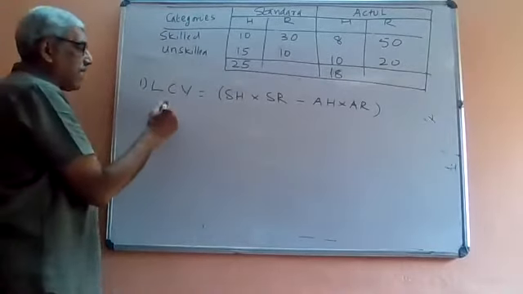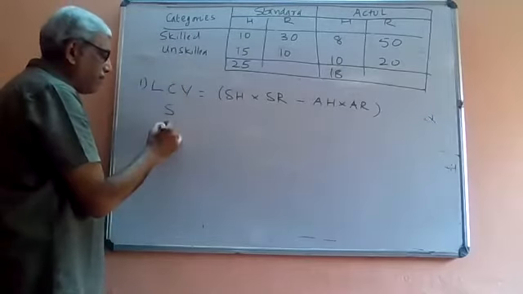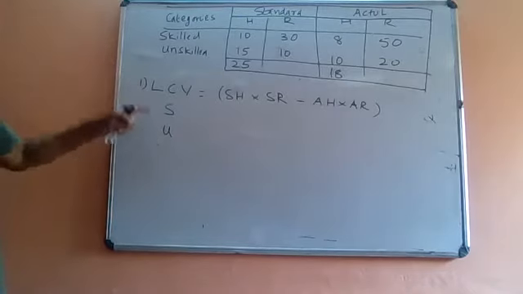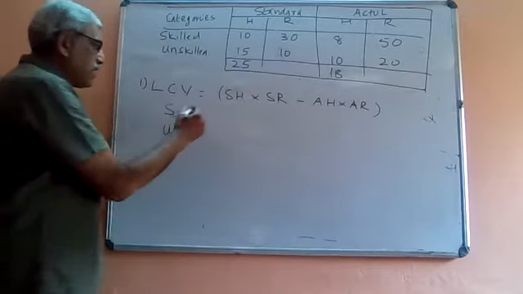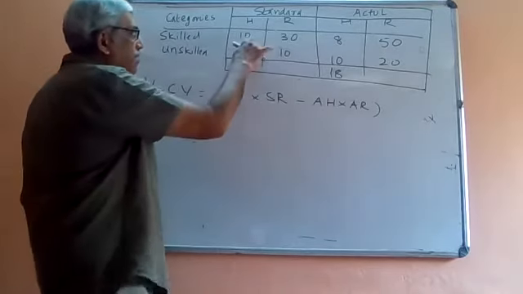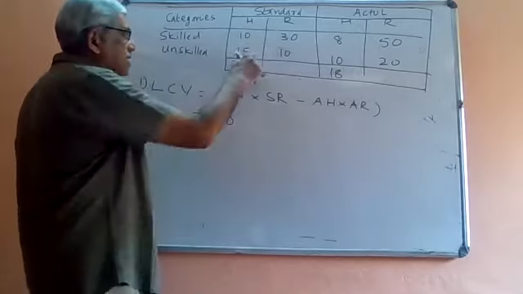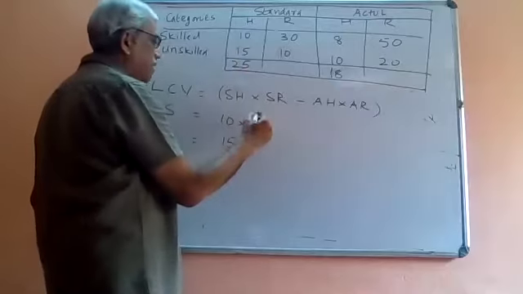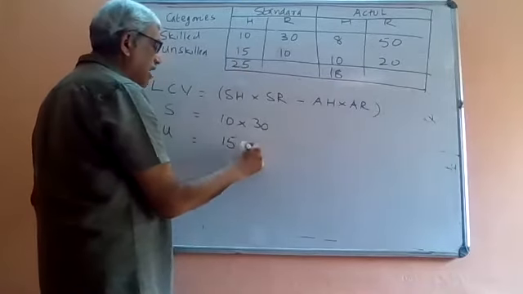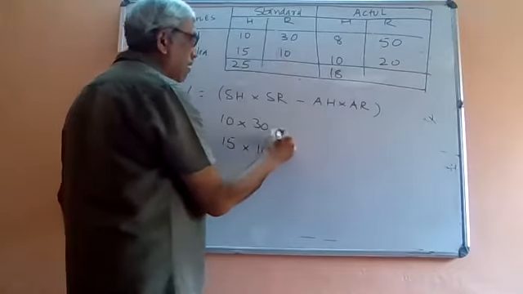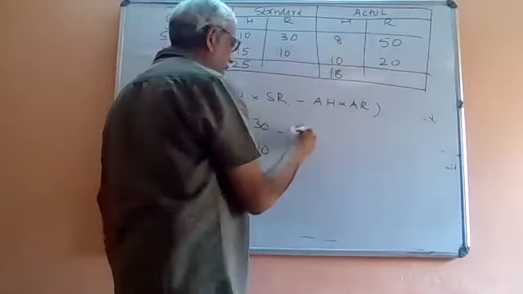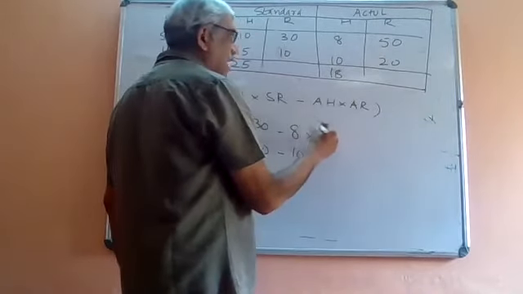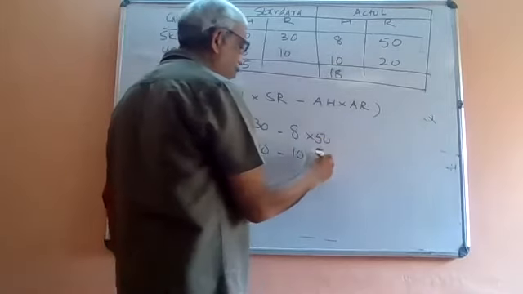I am representing S for skilled and U for unskilled. For skilled, standard hour is 10, for unskilled the standard hour is 15, into standard rate for skilled is 30 and for unskilled is 10, minus actual hour is 8 and for unskilled is 10. The rate for skilled is 50 and here it is 20.